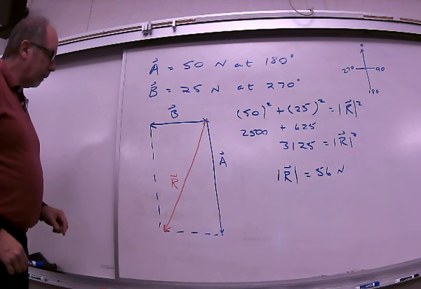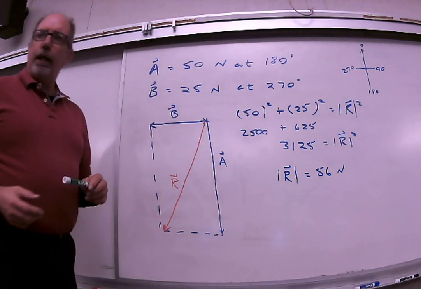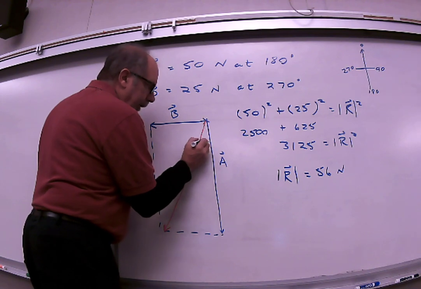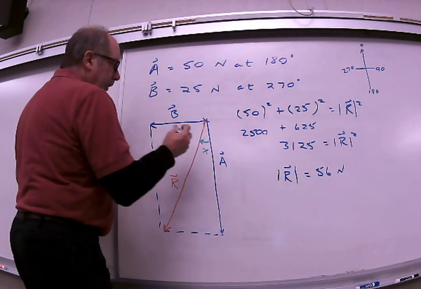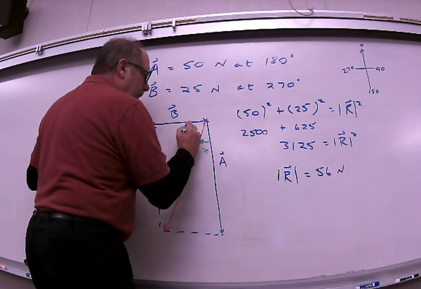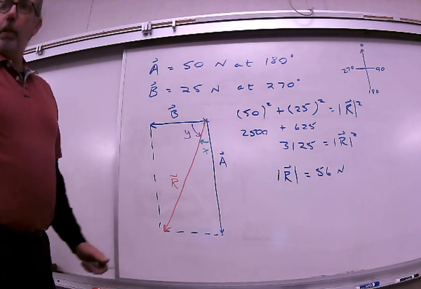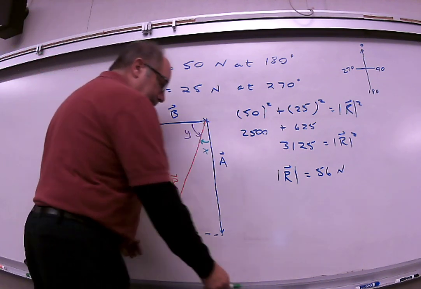Okay, now we want an angle. Now, there might be some confusion as to what angle to take. Do we take this angle, x, or do we take this angle, y? Well, I'm here to tell you it doesn't matter, and I'm going to prove that to you.